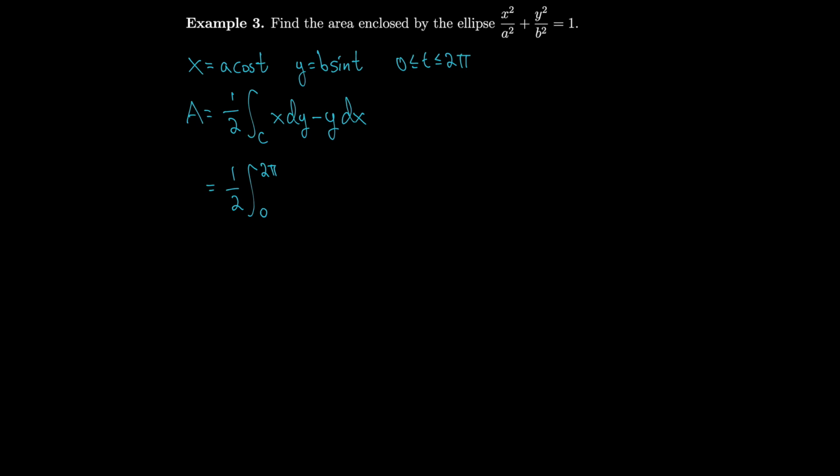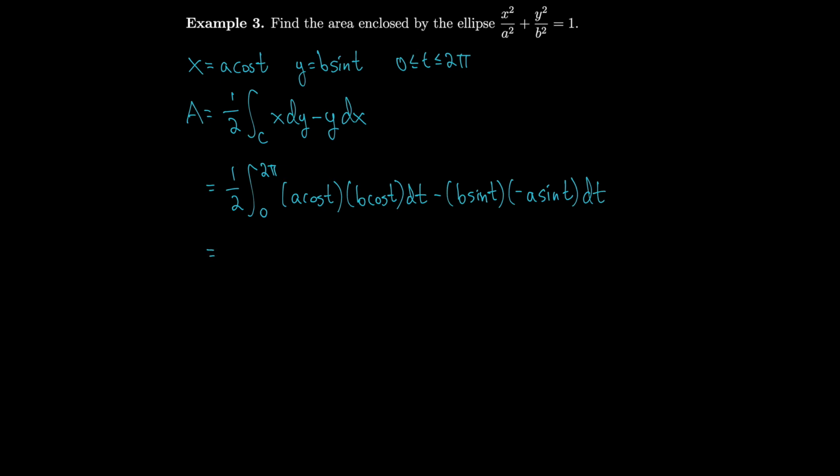Let's see, x is a cosine t, so we'll have a cosine t. Then dy, let's see, that would be b cosine t dt when we take the derivative. And then we need to subtract y, which is b sine t, times dx. We take the derivative, we get minus a sine t dt.